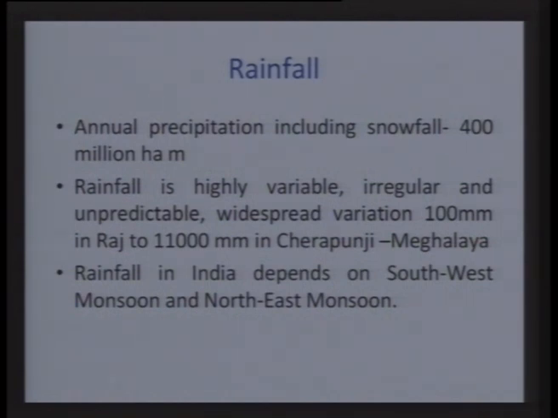In most parts of the country it is the southwest monsoon which brings rainfall, and only in Tamil Nadu the major portion of rainfall is received from the northeast monsoon.